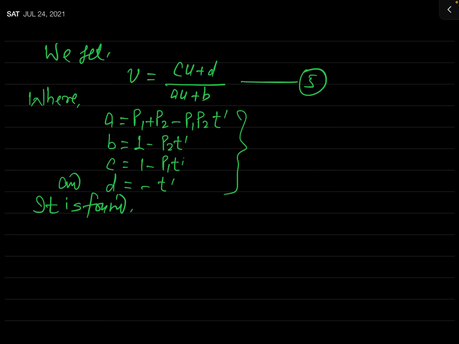This bc minus ad will be equal to 1. This is just a simple result, and you can check it because we know the values of a, b, c, d here, and when you put the values of b, c, a and d in this equation, you can easily see that bc minus ad is equal to 1. So I am not doing that algebra.